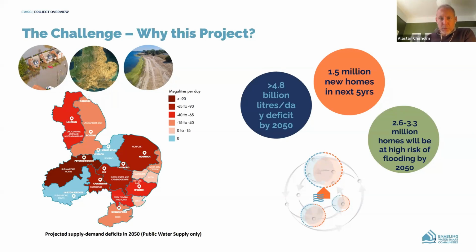The government has announced it wants to build 1.5 million new homes over the next 5 years, and a lot of that being in the south and the east of the country, where a lot of these pressures are at their most acute. And we know that roughly 3 million homes will be at high risk of flooding by 2050 as well. So there's a range of components all coming together to mean that we need to do development differently and make it a lot more sustainable.